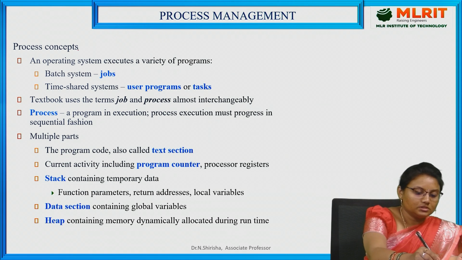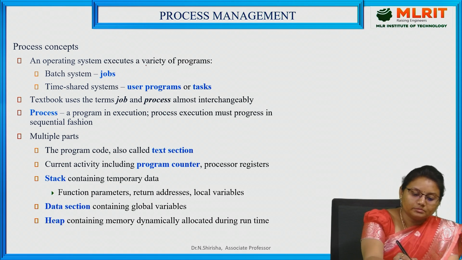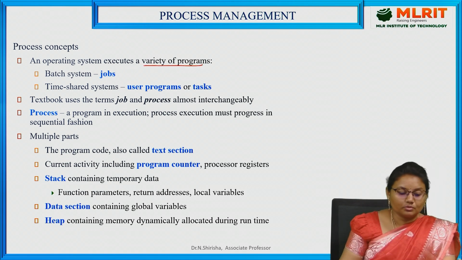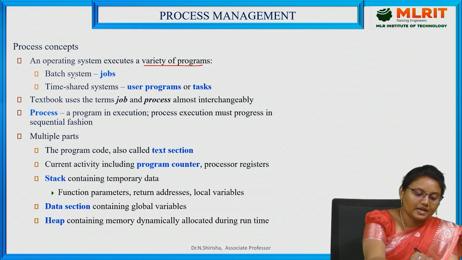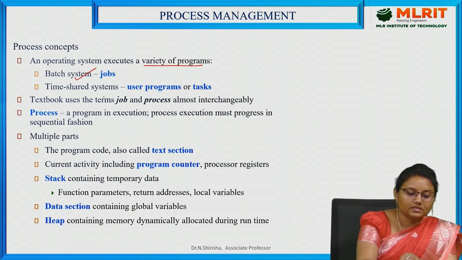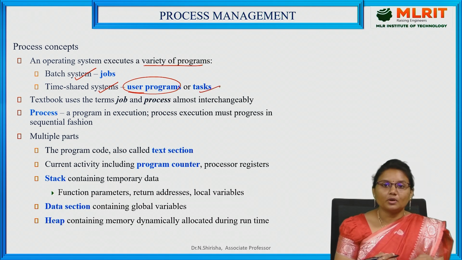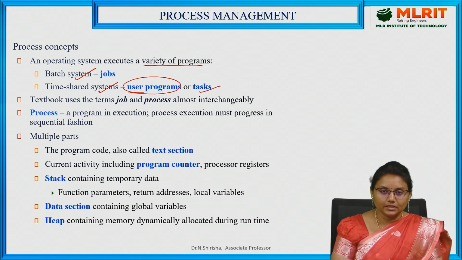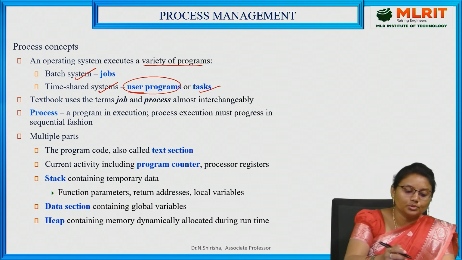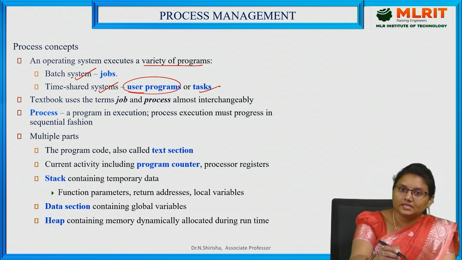Coming to process concepts, an operating system executes a variety of programs. So what are the programs? Either using batch systems, which are called jobs, or time shared systems, which execute as a user program or a task. So whatever the processor is going to execute, we can divide into two ways, either as a job or as a user program.